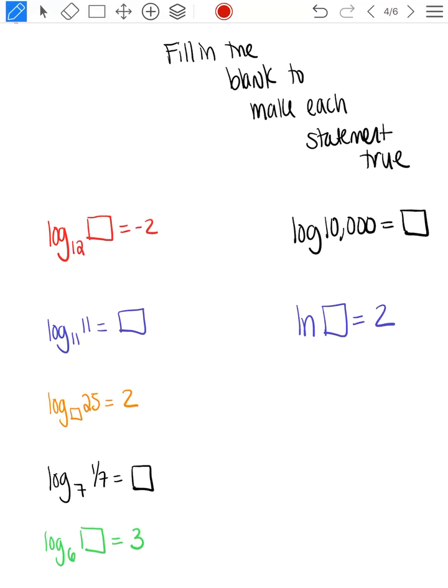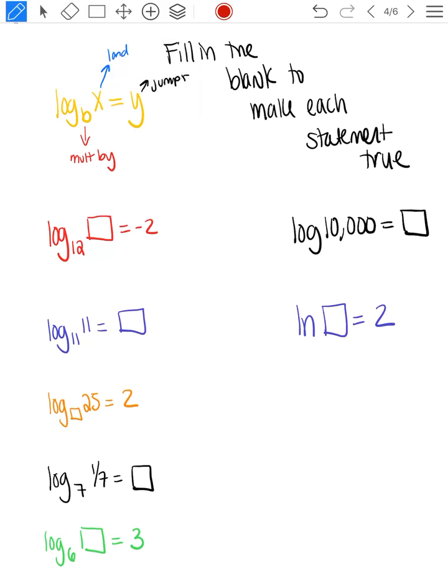Filling in the blank means the blank could be in any of our 3 spots. It could be in the base, it could be in the number we land on, or it could be in the jumps. So let's remember: base, number we land on, jumps. That's where we land on the number line, and what we multiply by to make the number line.